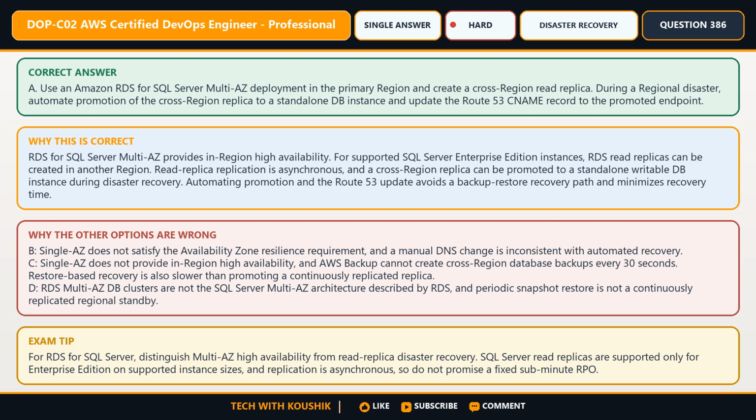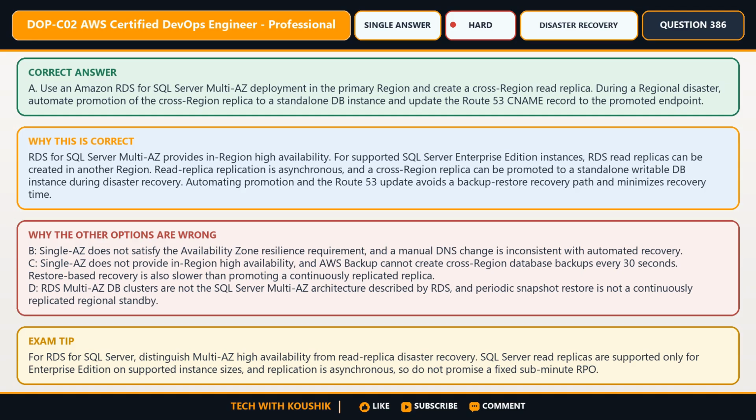For supported SQL Server Enterprise Edition instances, RDS read replicas can be created in another region. Read replica replication is asynchronous, and a cross-region replica can be promoted to a standalone writable DB instance during disaster recovery. Automating promotion and the Route 53 update avoids a backup restore recovery path and minimizes recovery time.